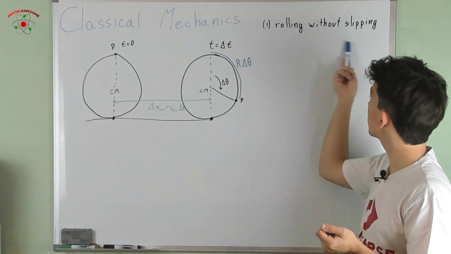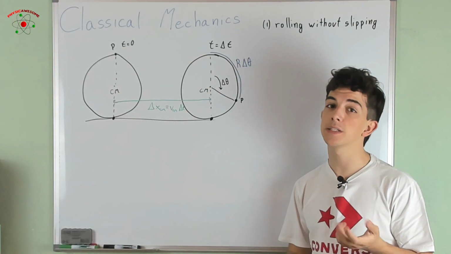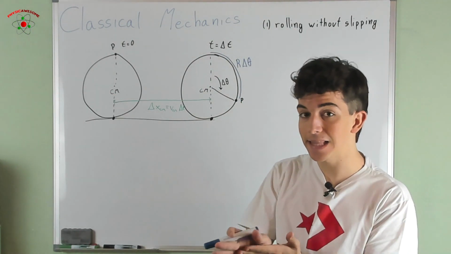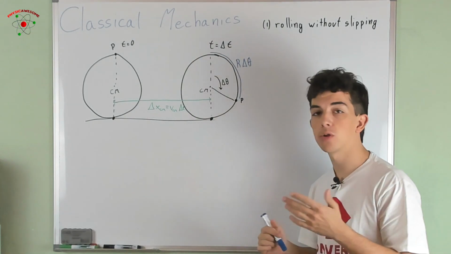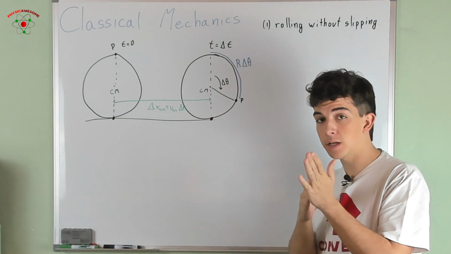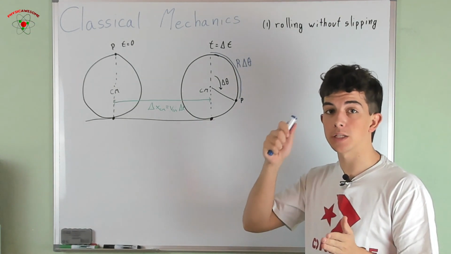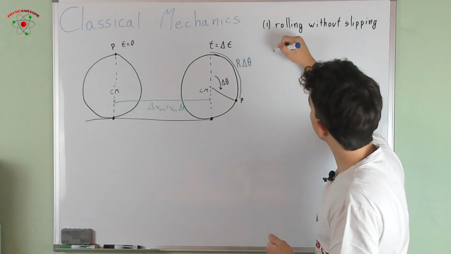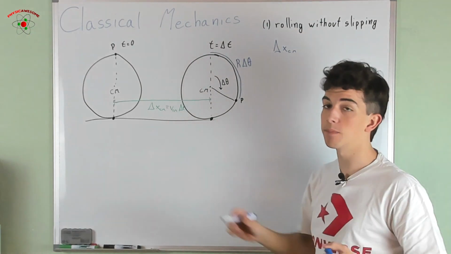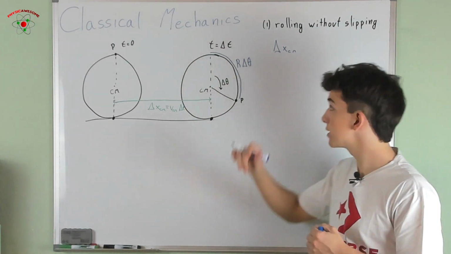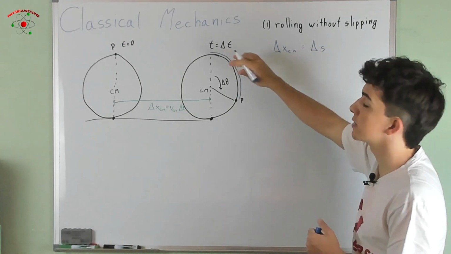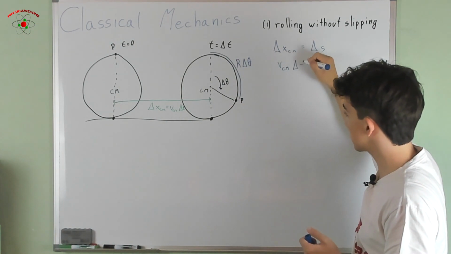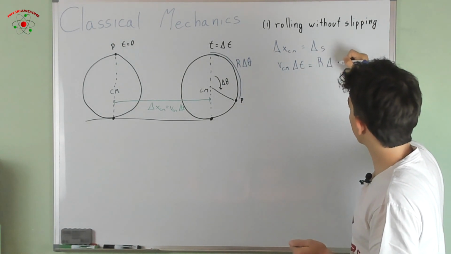First case is rolling without slipping. This is the simplest case, in which the ball moves and doesn't slip on the ground. There's always friction, and the point of contact only touches the ground at one specific point. Therefore, in this case, delta x_cm, the movement that the center of mass has gone through, is equal to delta s, this path length, or in other words, v_cm times delta t equals r delta theta.